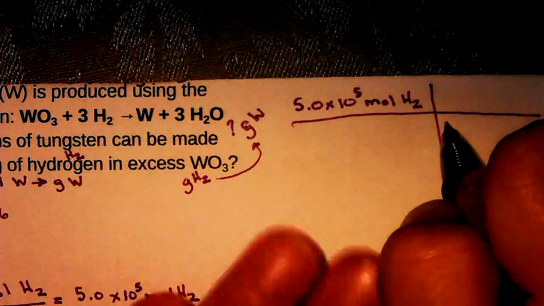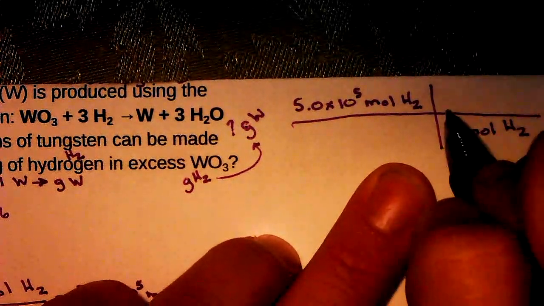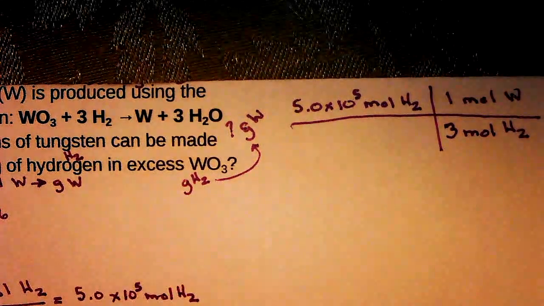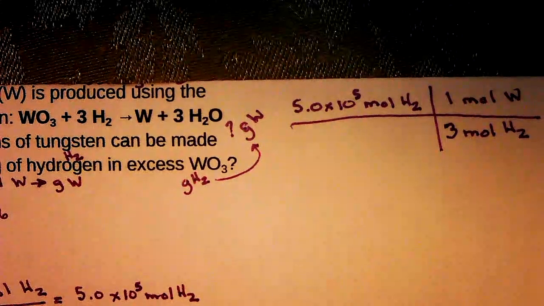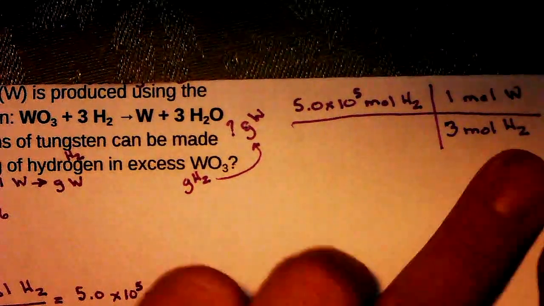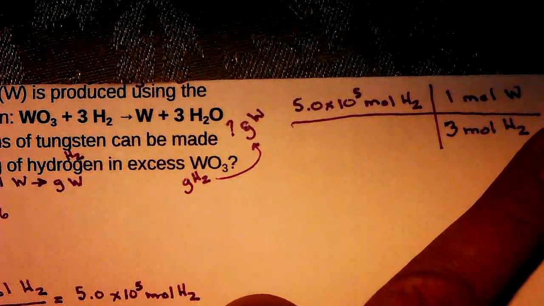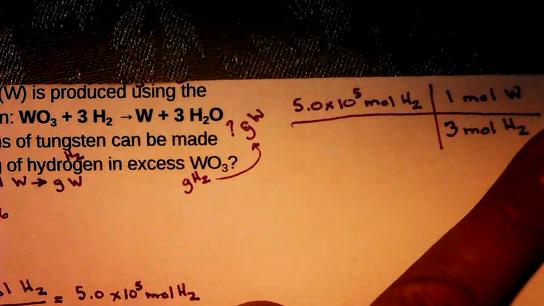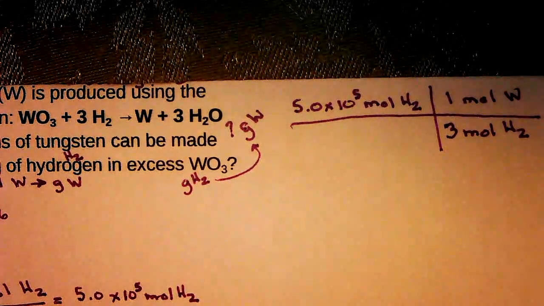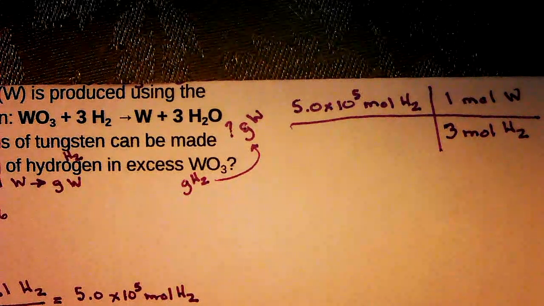I have 3 moles of hydrogen, H2, for every 1 mole of tungsten. Essentially, I'm just dividing the number I got in my first equation by 3. So at this point, what you will see is that you have 1.7 times 10 to the 5th moles of tungsten.